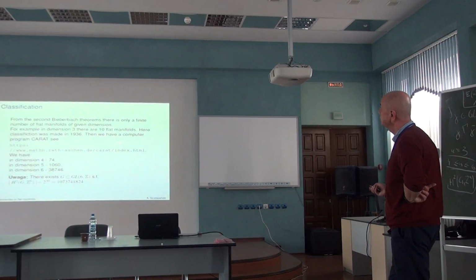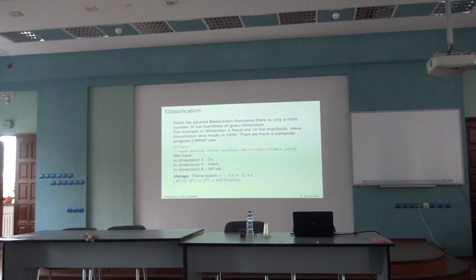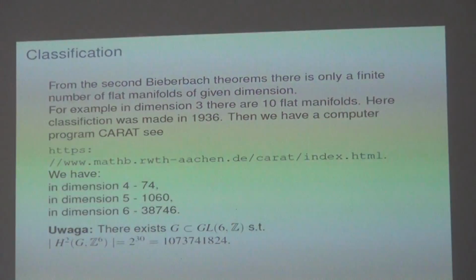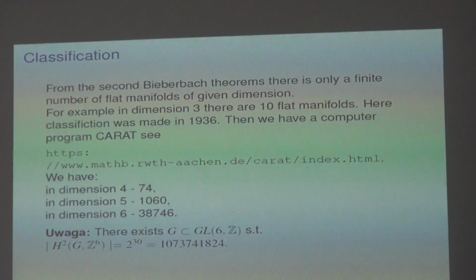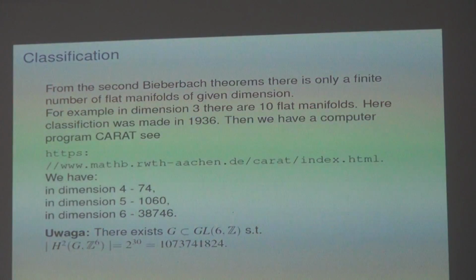In dimension 3 we have only 10 flat manifolds, and it was classified in 1936. There are two papers. One is by W. Nowacki from ETH, who gave the classification of the 10 flat manifolds, and another one was by Hantzsche and Wendt.